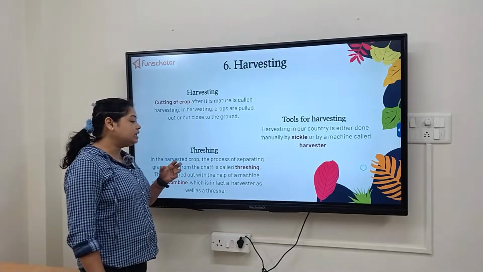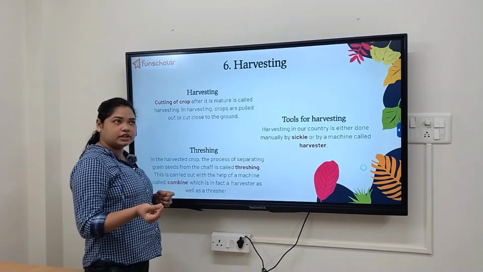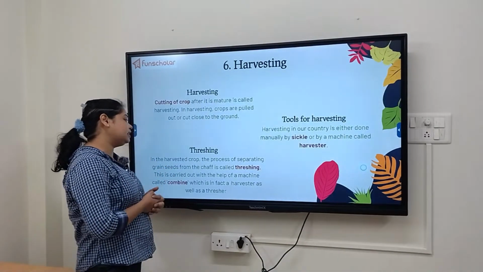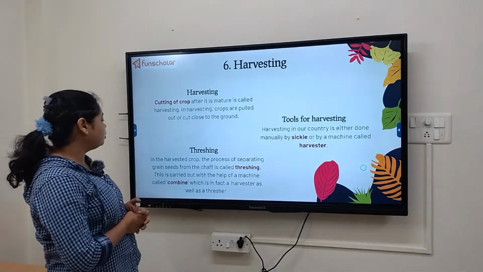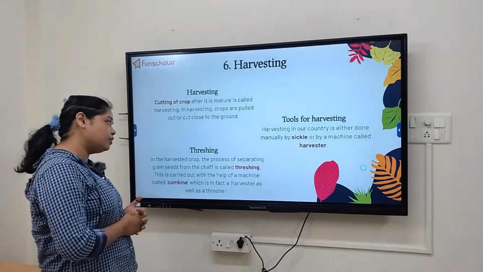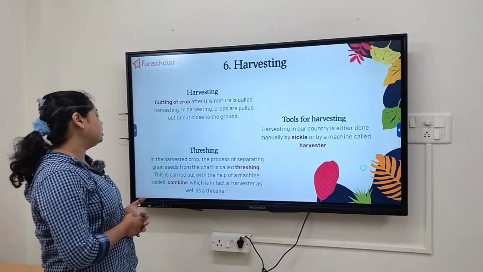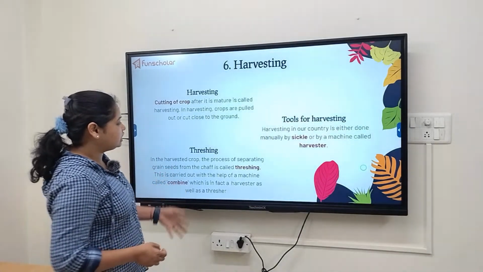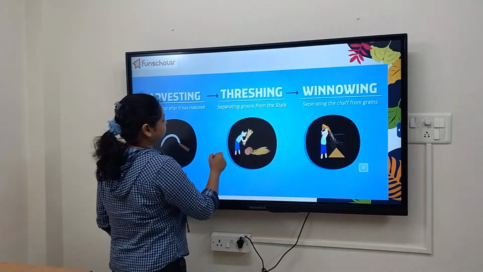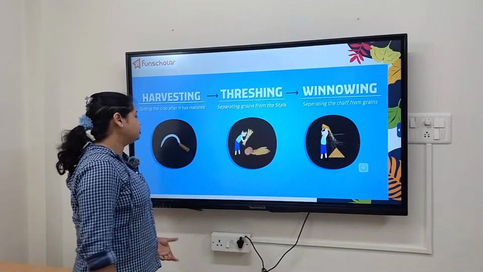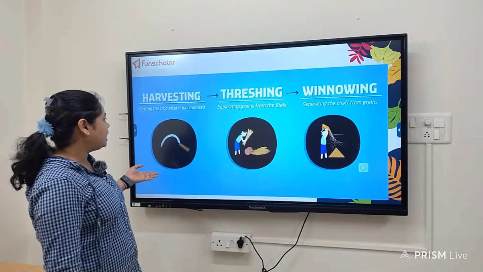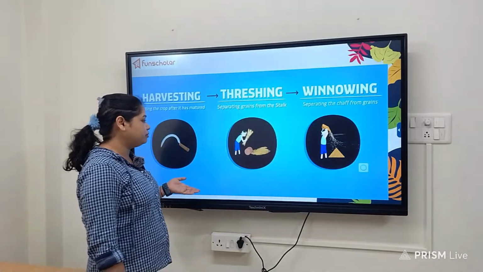So, we only need the actual grains. When we separate that, it is known as threshing. Threshing can also be done either manually or by a machine called a thresher or the combine machine. So, the same thing: first the crop is harvested either manually or with the help of a machine.